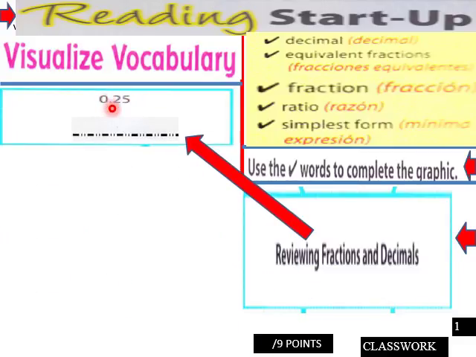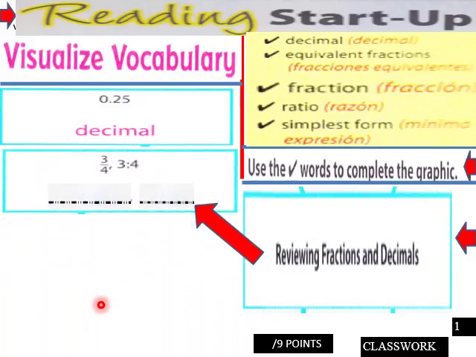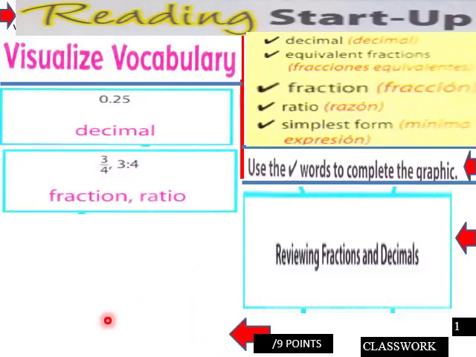Okay, so 0.25, reviewing fractions and decimals. What would this be as a fraction here? Well, as a fraction, it'd be 25/100. But in this form here, it is a decimal. And then 3/4 and 3/24, what's that? That is a fraction. This is a fraction, and then this is a ratio.